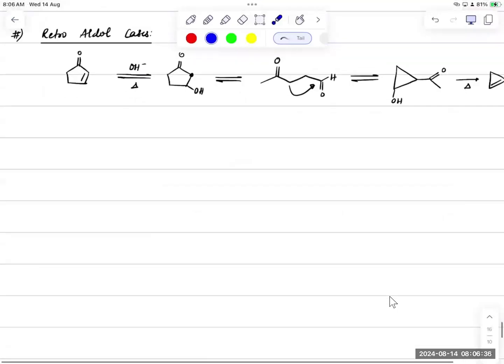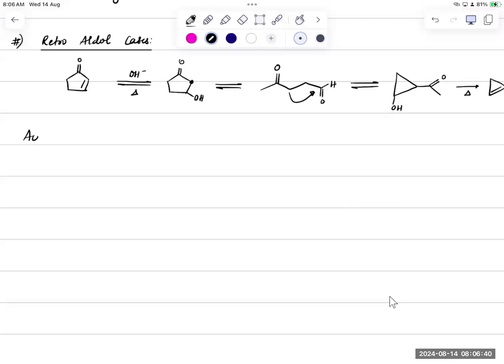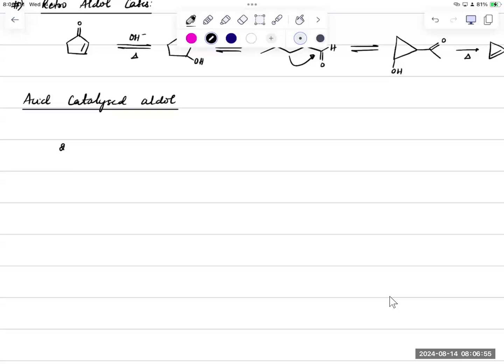Next, notice it when you have acid catalyzed aldol reactions. So if I take 2 moles of CH3CHO and I take H plus and heat, we will get CH3, CH, CH, CH.